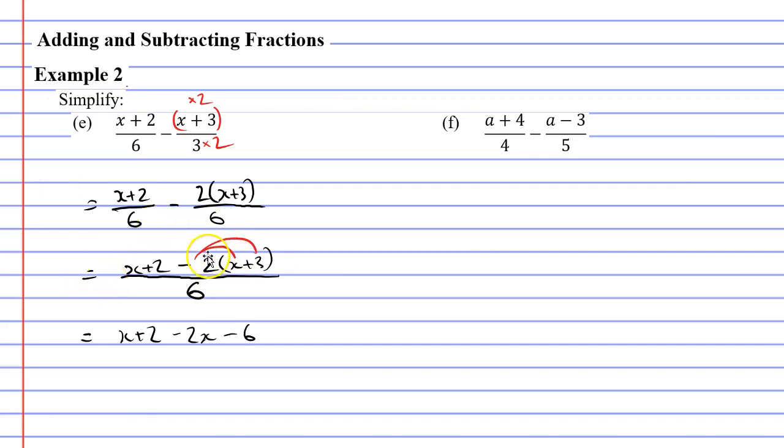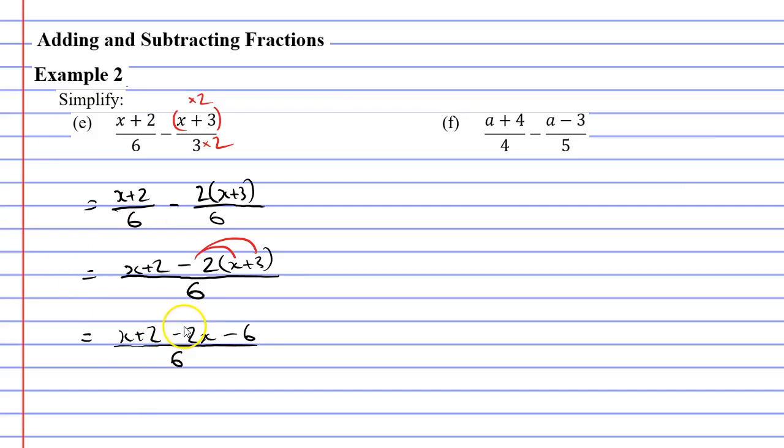Now some of you might notice that this is an opportunity for someone to make an error. It's very easy for someone to have written plus 6 here, thinking that they're just going 2 times 3. You've got to take into consideration that minus sign to the left of the 2. Anyway, this is all now over 6, and we just need to simplify the expression above.